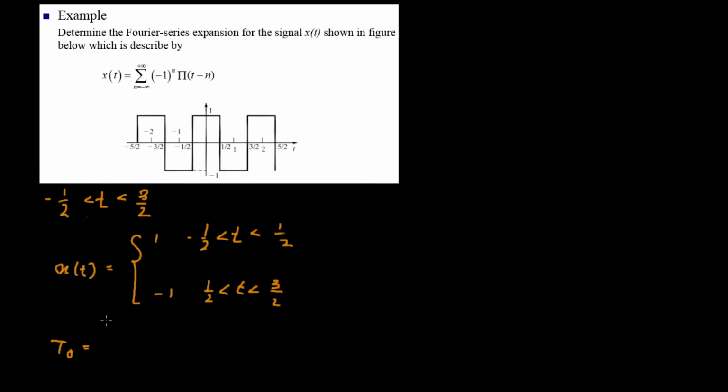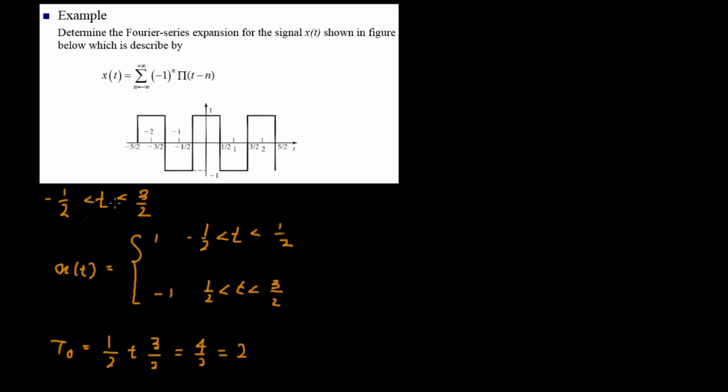So to find the fundamental period, you take half, from this point to here, plus the value from this point to here until it completes one cycle, which is 3 over 2. This produces 4 over 2, which is equivalent to 2.